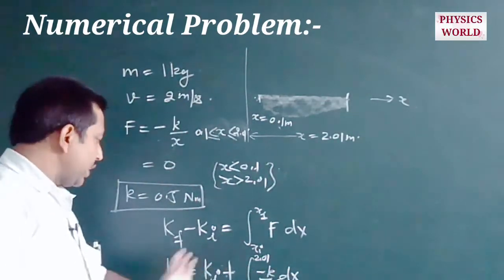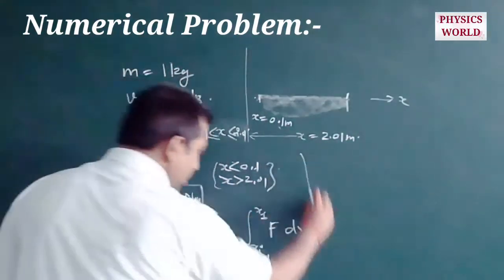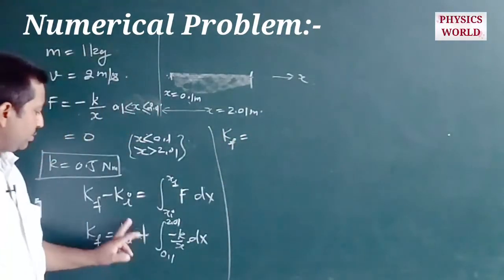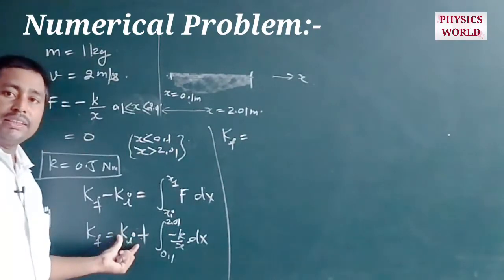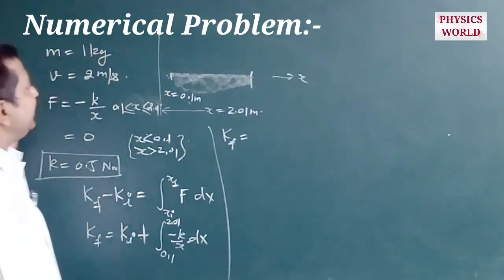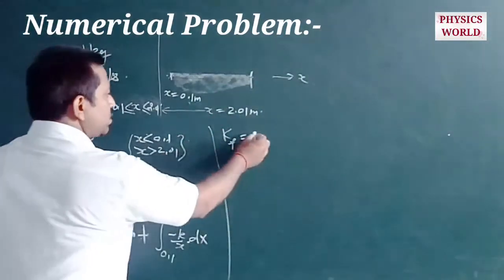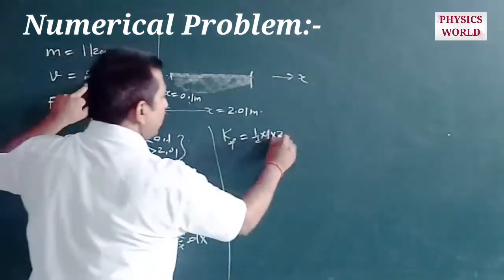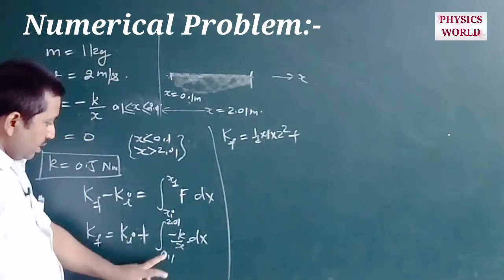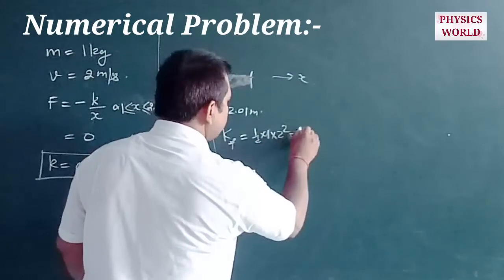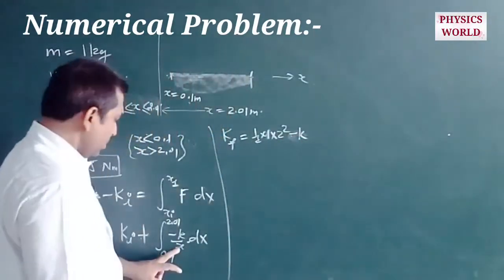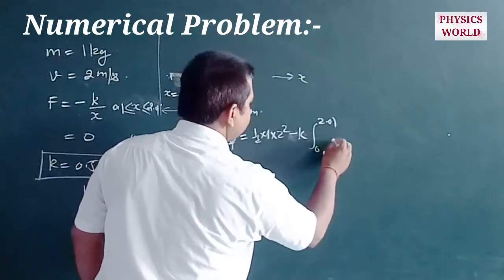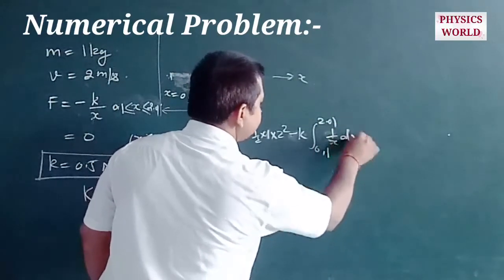As k is constant, it is taken outside the integral. Here Ki is half m v square, the initial kinetic energy when the object enters the patch region. So this becomes half of m, that is 1, times v, that is 2, square, plus minus k times the integral from 0.1 to 2.01 of 1 by x dx.